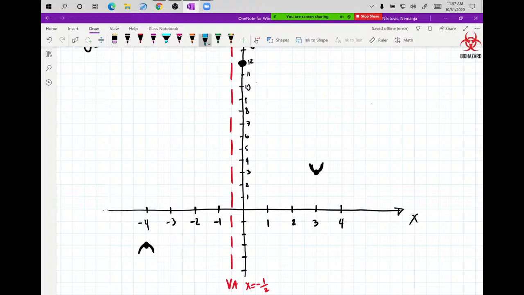And then I use blue for horizontal and slant. You can't have them at the same time. If you have slant, you don't have horizontal. If you have horizontal, you can't have slant. They can't show up at the same time. So blue is always good to use for that. And you can have nothing, obviously.